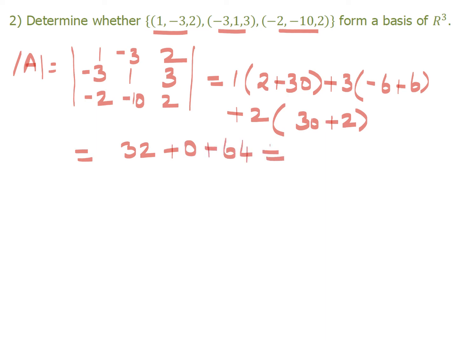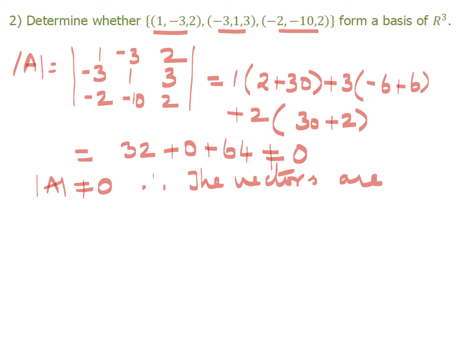So what we observe is it is not 0. That is, determinant A not equal to 0. Therefore the three vectors are linearly independent. Moreover, we know that dimension of R cube is 3.